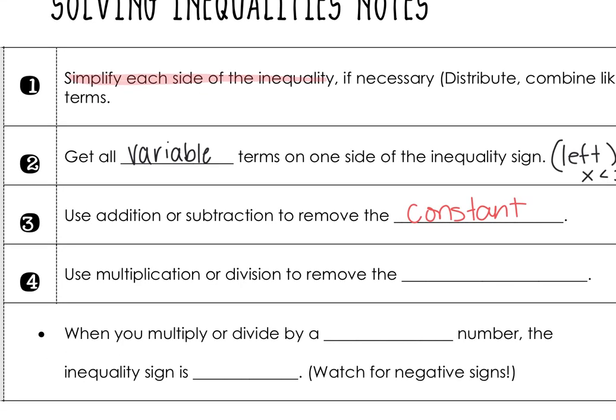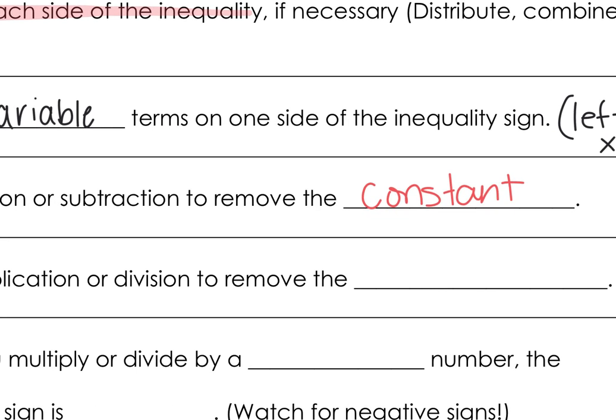And then our last step will be to use multiplication or division to remove the coefficient of x. So once we have all of our variables on that left side, we'll undo the constant and then undo the coefficient. All those steps are just like equations.